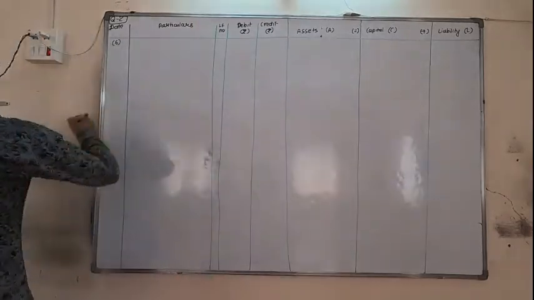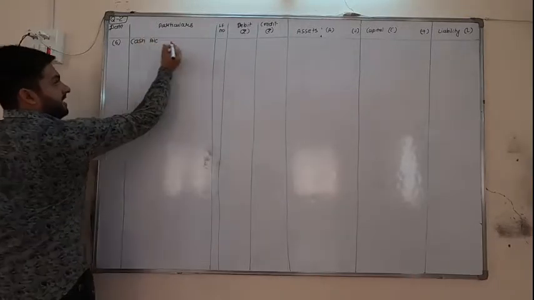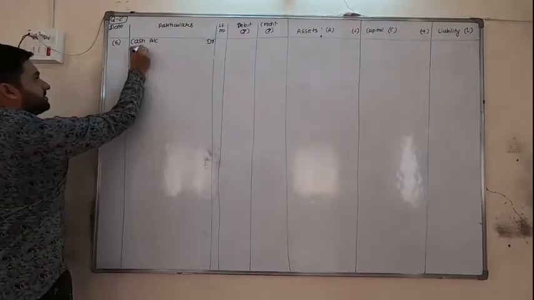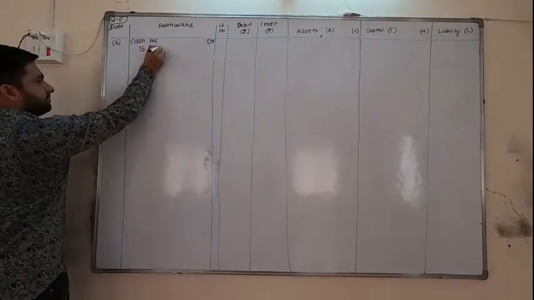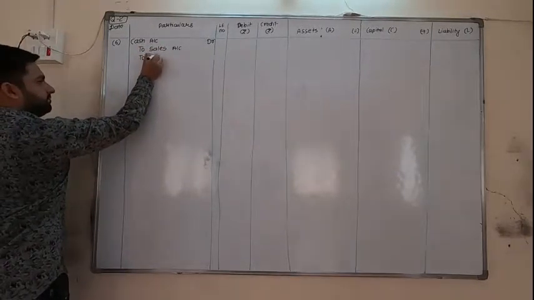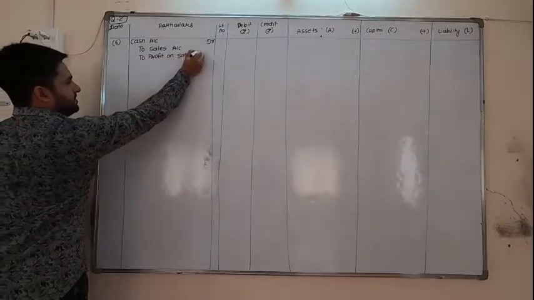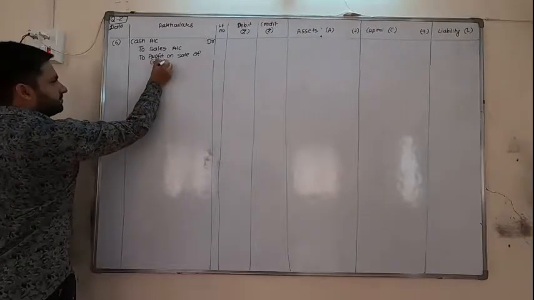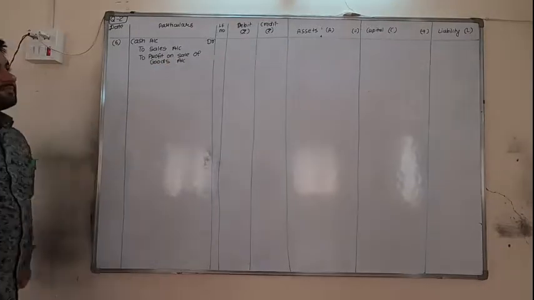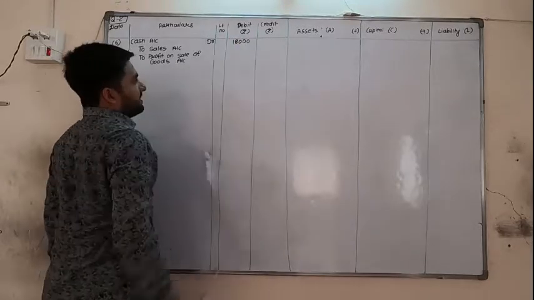Let's do it. Cash account debit to sales account to profit on sale of goods account. We are getting cash of 18,000, so cash debit 18,000.